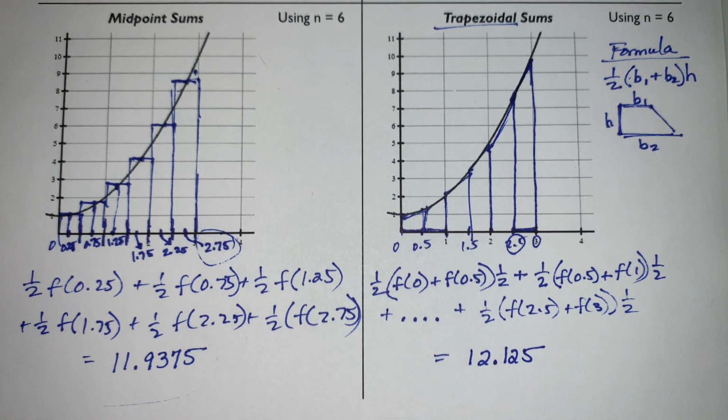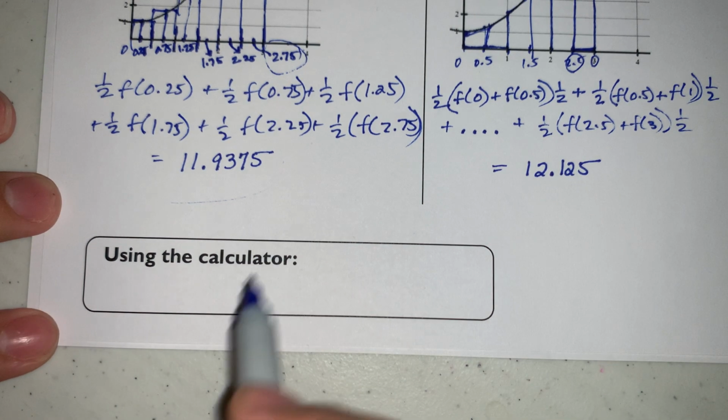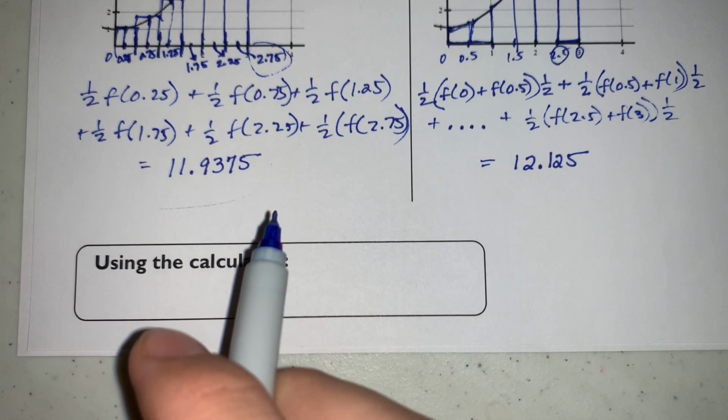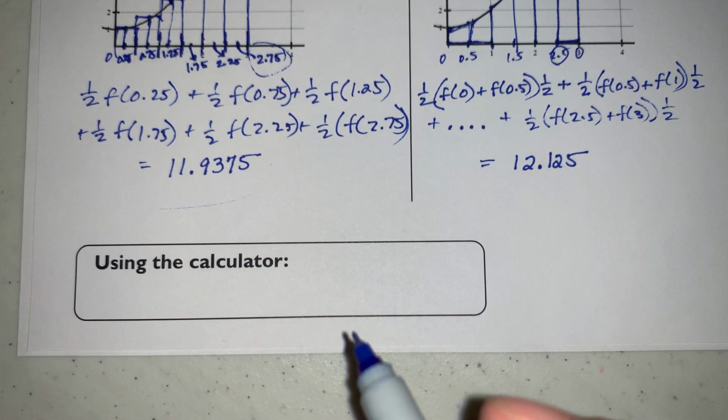Now, I wish I had the calculator, but I do remember what the function input is. If you wanted to do all of this in your calculator and integrate with the calculator, and we're going to do that more in the next section, let's just figure out what the actual answer is.